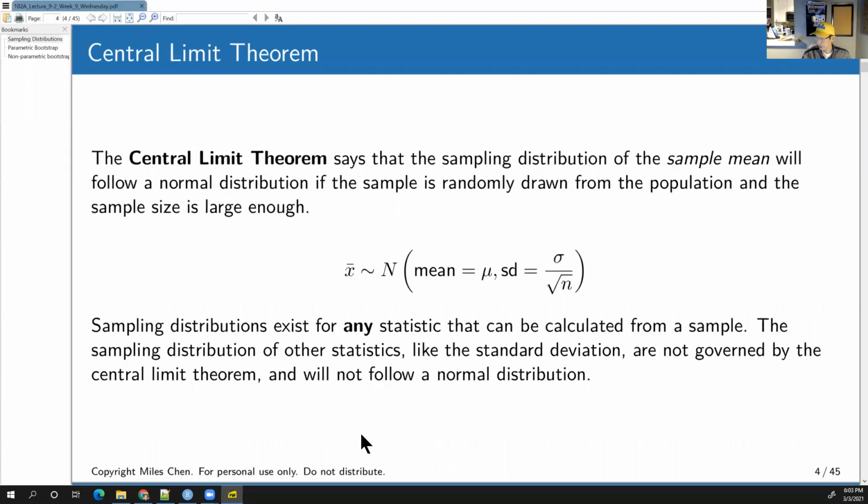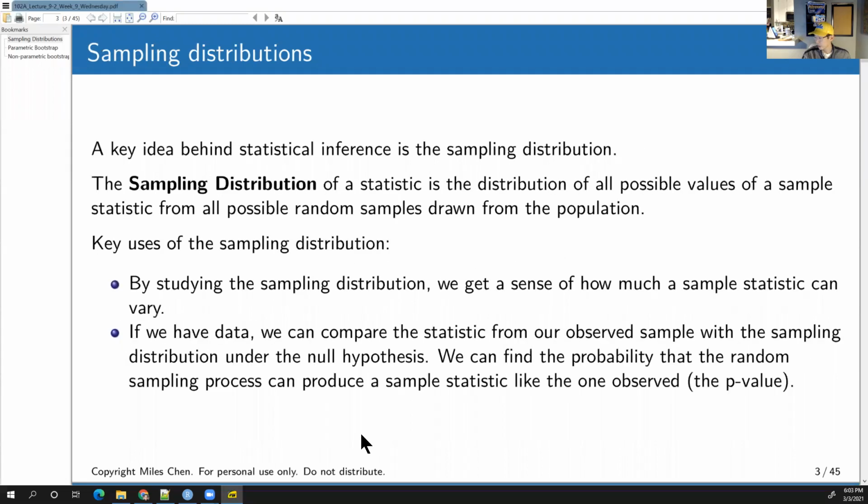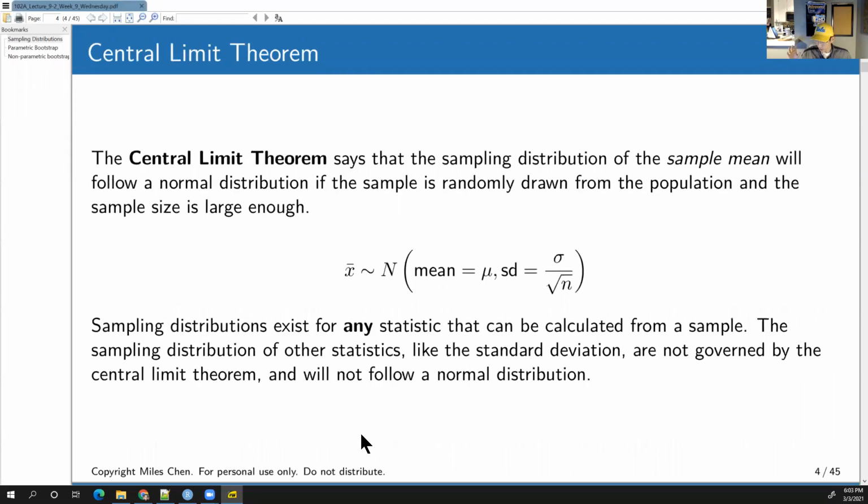So let's keep going here. In your intro stats class, your sampling distribution is basically based on the central limit theorem. The idea from the central limit theorem is that your sampling distribution is going to follow the normal distribution, with this mean and this standard deviation.